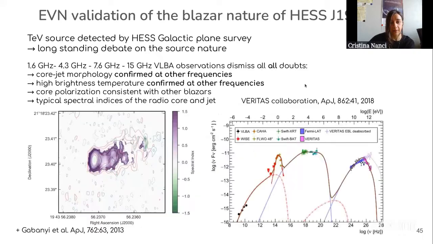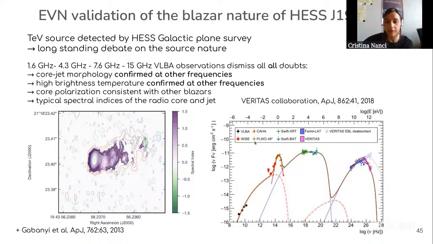These results have been confirmed by multi-frequency VLBI observations at different frequencies, and they also measured the core polarization and the spectral indices that are typical for blazars.